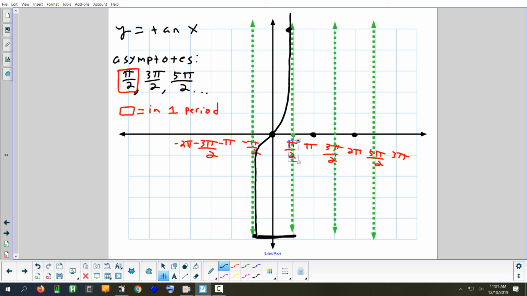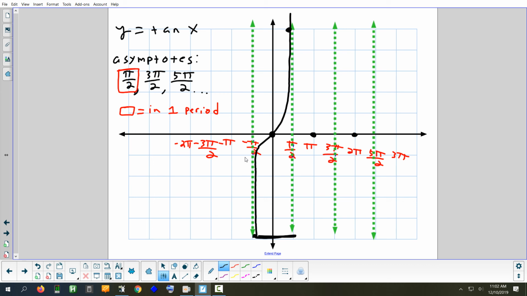What's the difference between negative 90 and positive 90? 180. That's pi. So tangent has a naturally faster cycle than sine or cosine. The period of tangent, and I think we're going to write it down later on, is pi, if you don't mess with it at all. It repeats itself every 180.